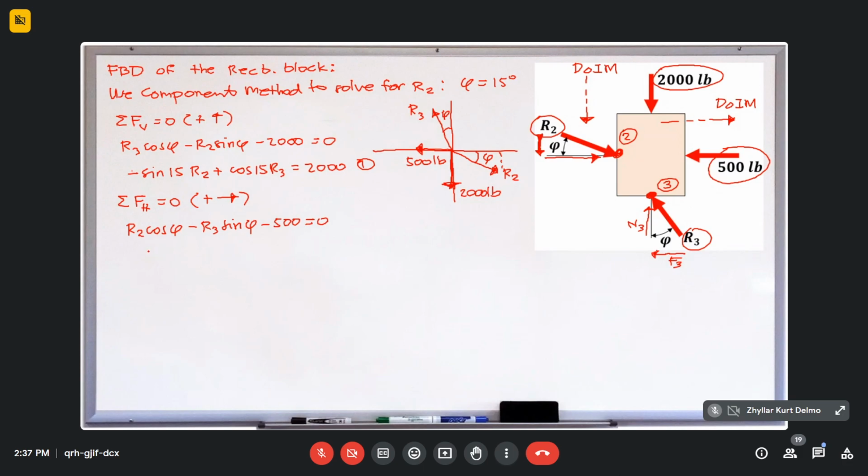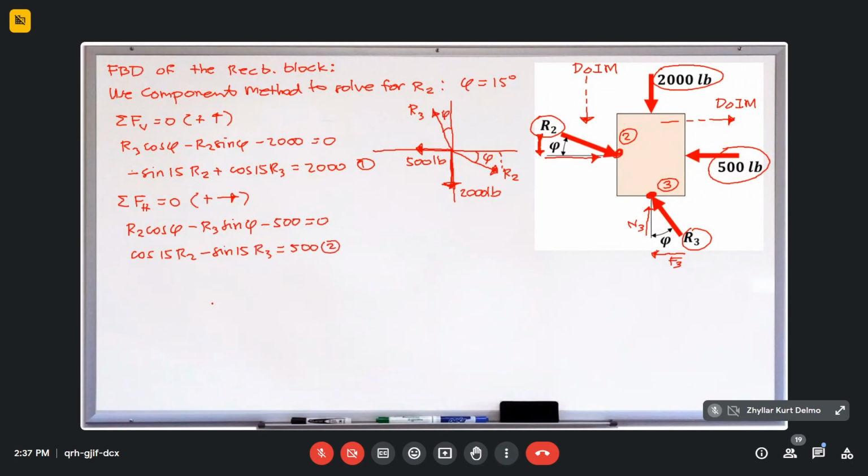So we substitute the values and transpose the constant to the right side: cosine 15 R2 minus sine 15 R3 is equal to 500.